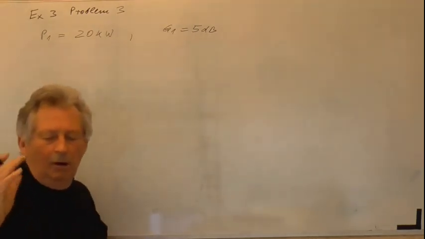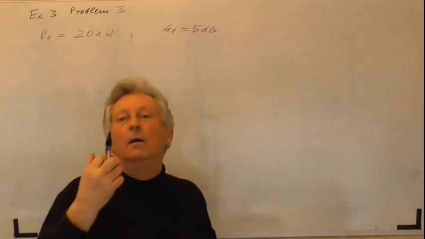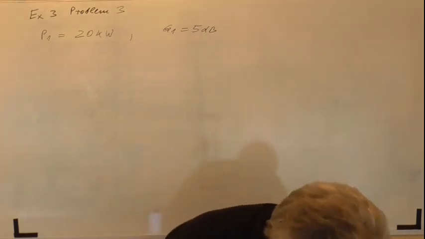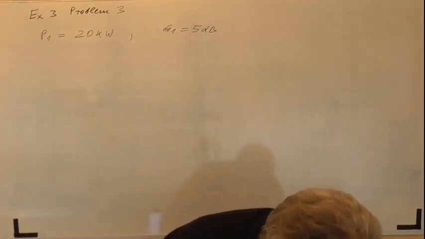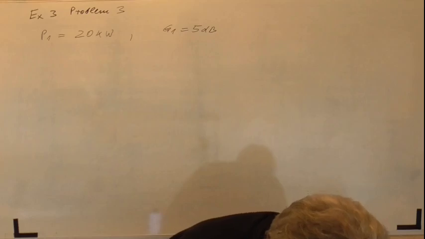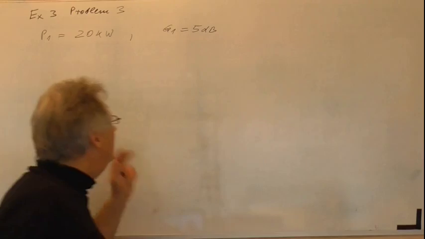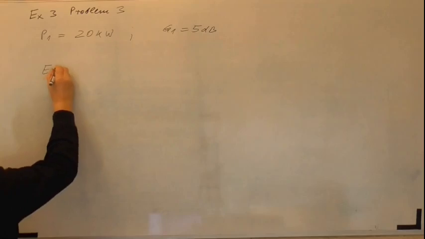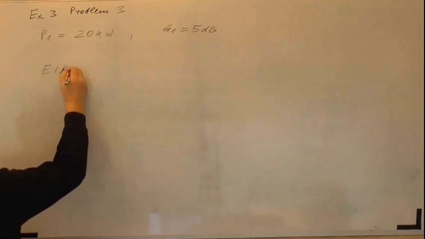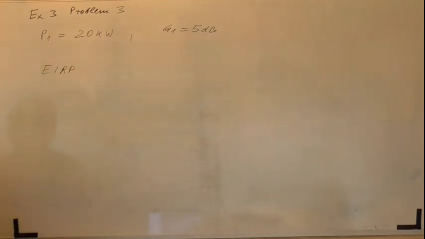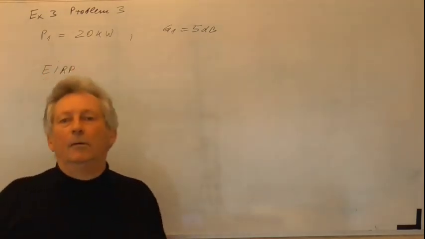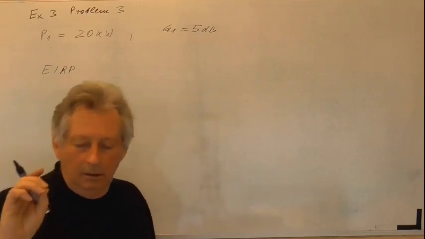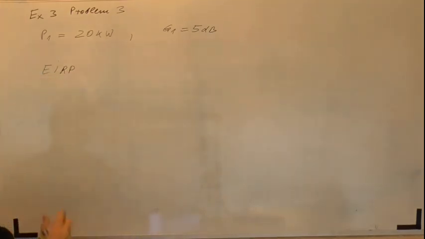Now we always must distinguish between the linear scale and the dB scale, and here we must calculate the value of its EIRP in the direction of the main beam. EIRP is the isotropic radiated power, and of course this is only valid in the direction of the main beam.